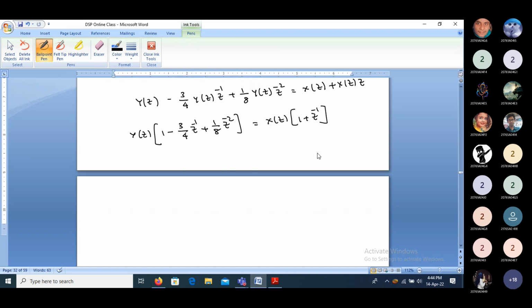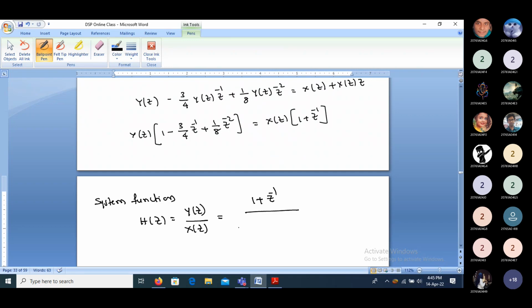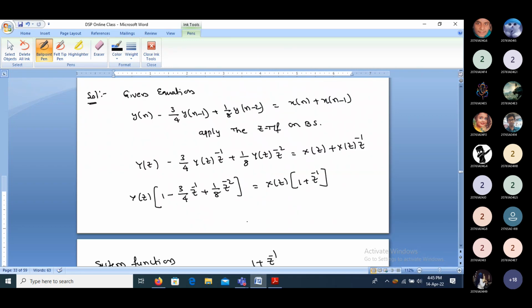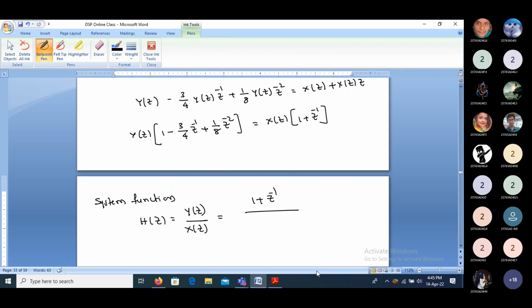So I think all of you know this one, the system function. What is the definition of H(z)? Y(z) by X(z). So Y(n) is x(n) plus x(n minus 1), giving 1 plus z inverse divided by 1 minus 3/4 into z inverse plus 1/8 into z to the power minus 2.